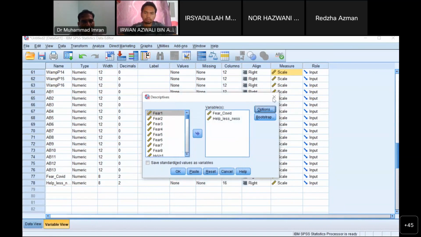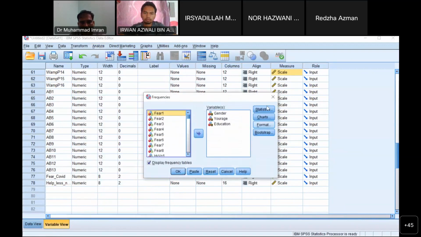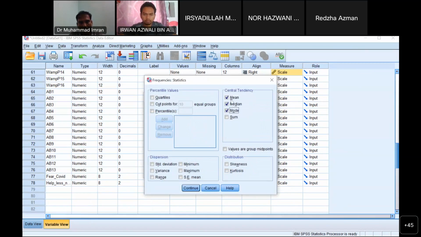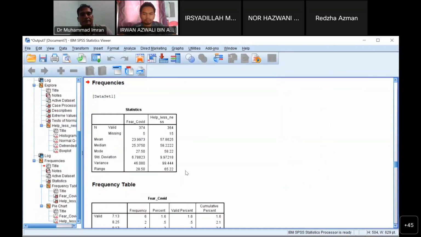And more other things you can calculate from the frequencies as well. Only two variables here. Stat mode. Okay, standard deviation, variance, and range. These all, 1, 2, 3, 4. Simple. Charts we know, no need. Just calculate first this time.